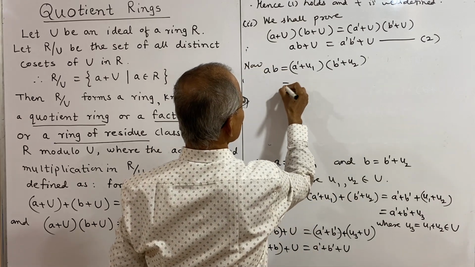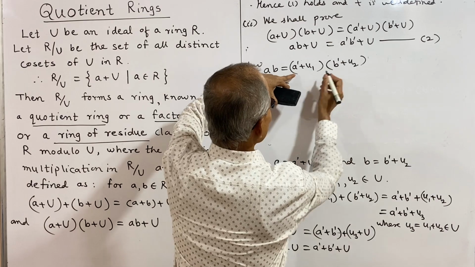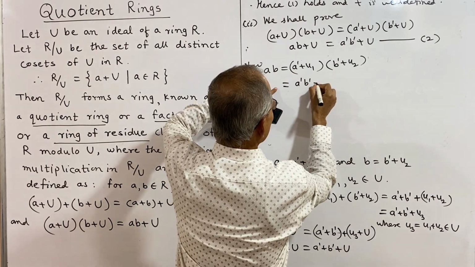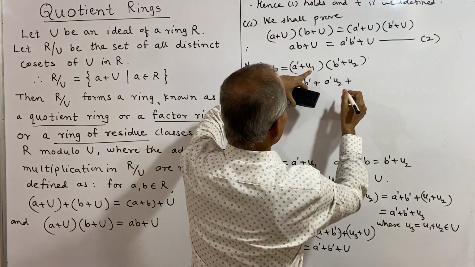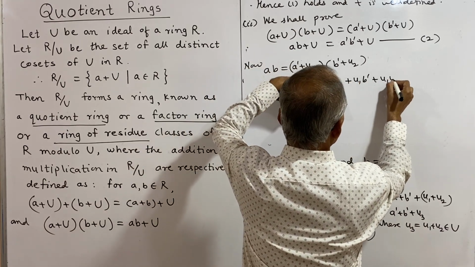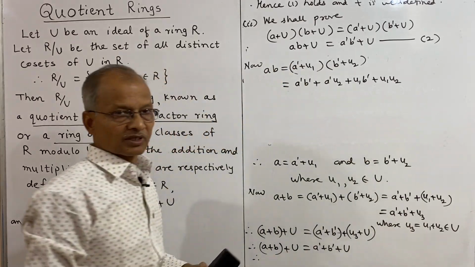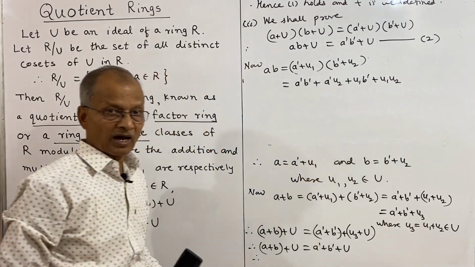Now this product with usual multiplication can be written as a dash b dash plus a dash u2 plus u1 b dash plus u1 u2.